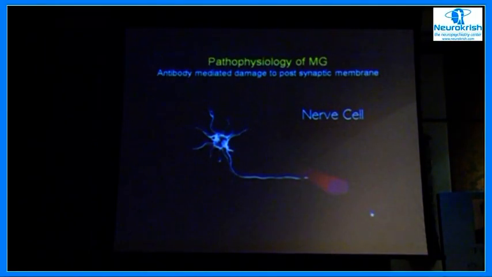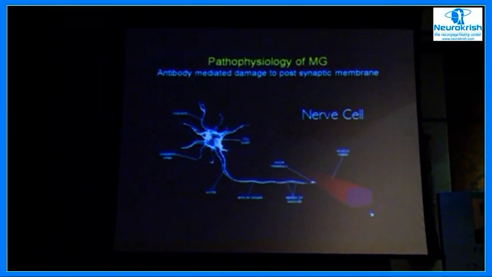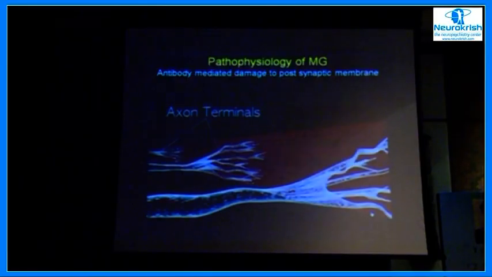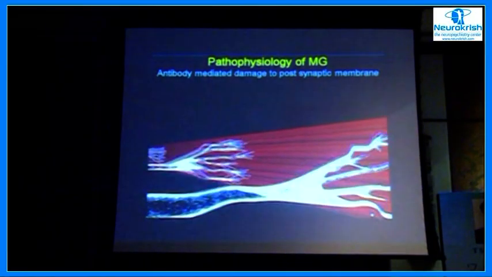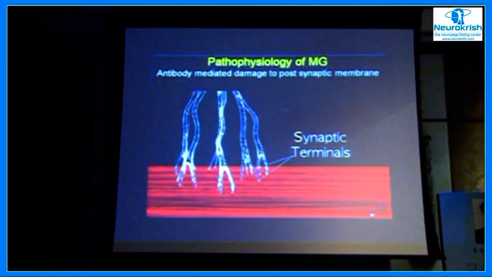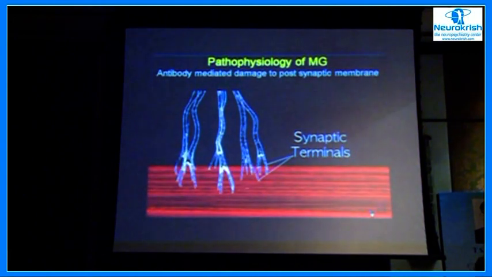But before we go to that, we must look at this video of the neuromuscular junction. This is the neuron, and this is the axon, and this is the muscle, and this is the axon terminals here, and this is the neuromuscular junction or synaptic terminals.